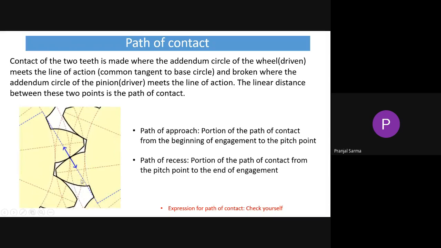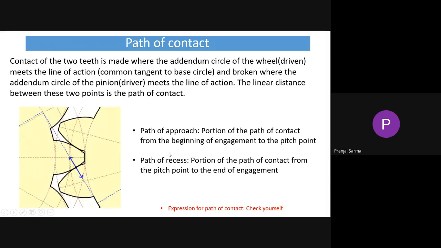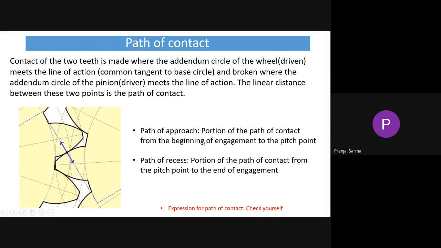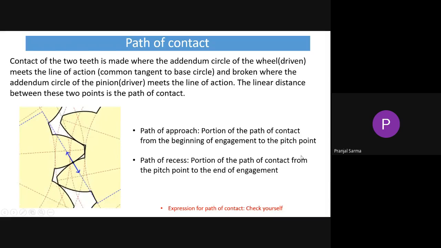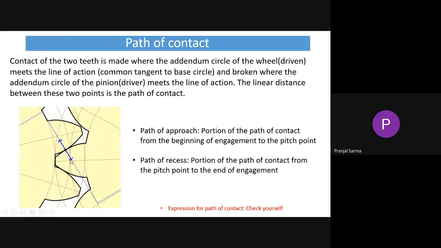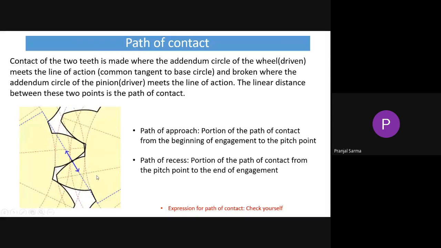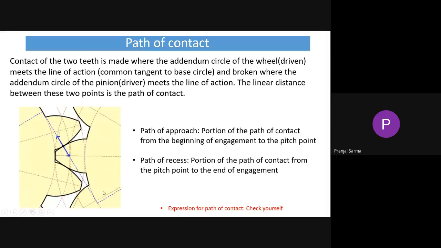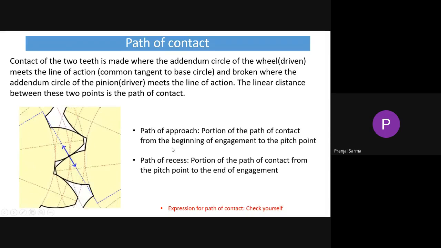This path of contact is the linear distance, and it has two portions. The path of approach is the portion of the path of contact from the beginning of engagement to the pitch point, that is half of it. Up to this much is the path of approach, and the next half is the path of recess. It may not be the exact half, but two different portions.